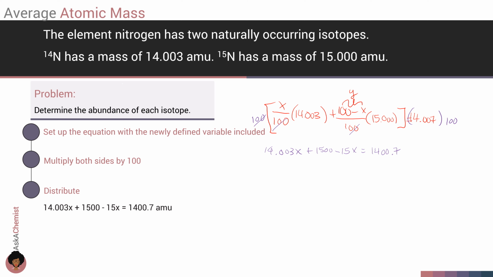Now that we have distributed everything, we have simplified it, but we could still simplify it even more. And that's because we have x variables and integers. So we need to combine these like terms. Once we do that, we see that we can also simplify it even further by factoring this x out.